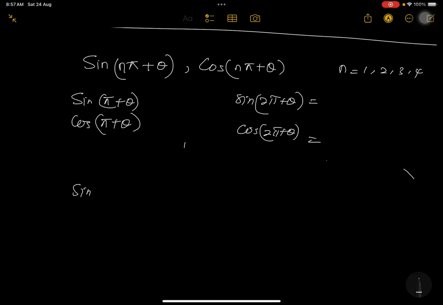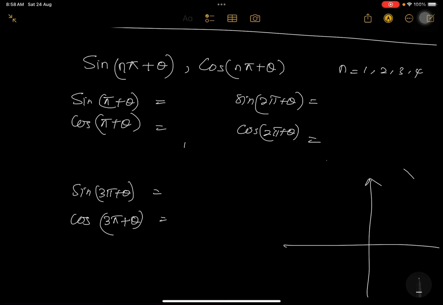Then sin 3 pi plus theta, cos 3 pi plus theta. So first you have to find out which quadrant of the circle it lies in.